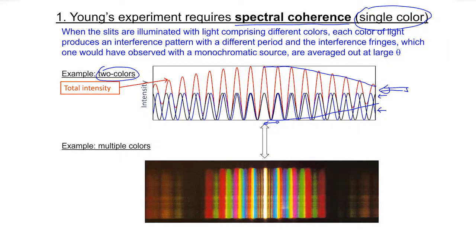And that's shown here in the bottom picture, where you see interference from multiple colors, basically light from a lamp that contains a couple of spectral bands. And you see here that the blue light has a small interference period, whereas the red light has a much larger interference pattern.